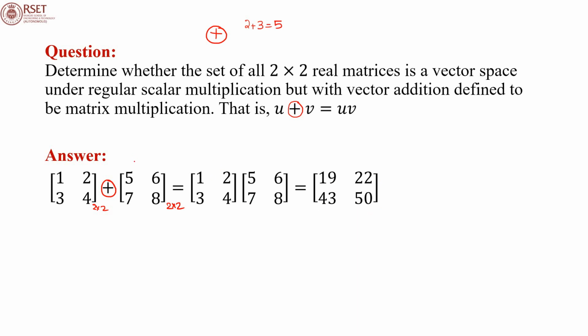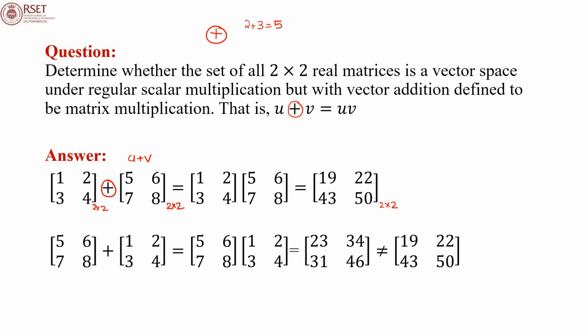So this is U plus V. It is a 2 by 2 matrix, so closure under addition is satisfied, because the product of any two 2 by 2 matrices is again a 2 by 2 matrix. But is U plus V equal to V plus U here?